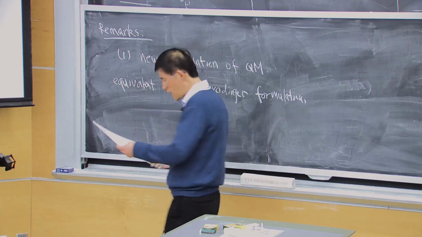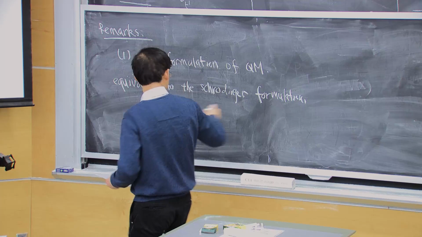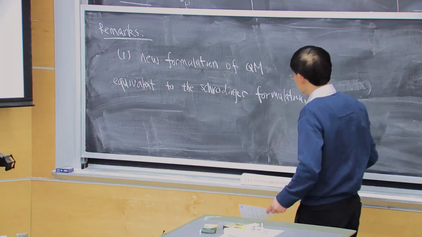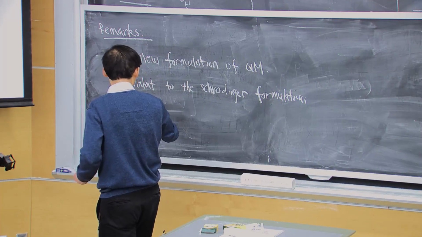by showing that the k you calculate this way, using the path integral, actually satisfies the Schrodinger equation.